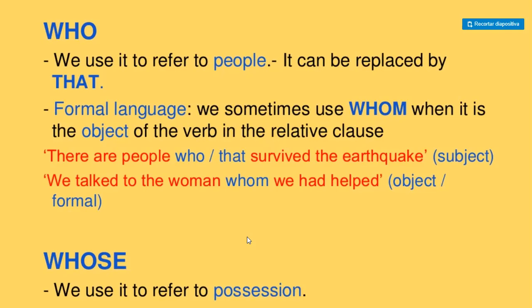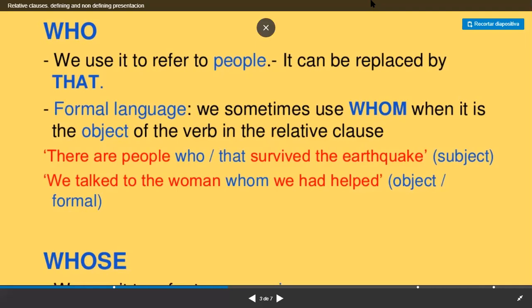There are people who or that survived the earthquake. That would be referring to the subject. And here is another example related to an object: we talked to the woman whom we had helped. As you can see, who refers to people, while whose refers to a possession.